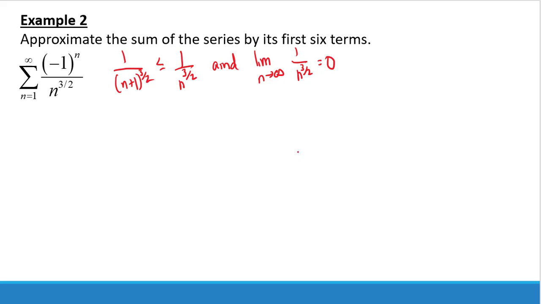Okay, so now what we have to do is find the sum. So I find the sum -1 plus 1 over 2 root 2 of the first 6 terms. I was thinking about a 6, so I wrote a 6.